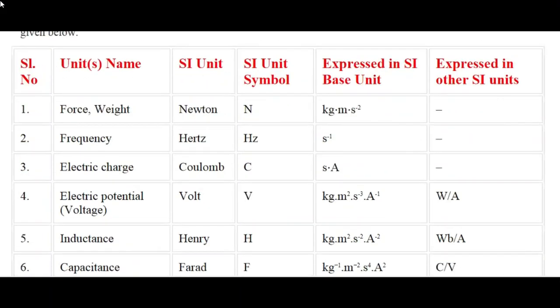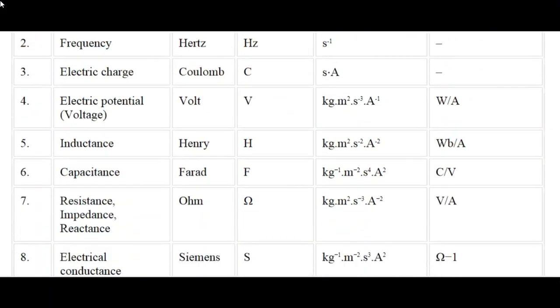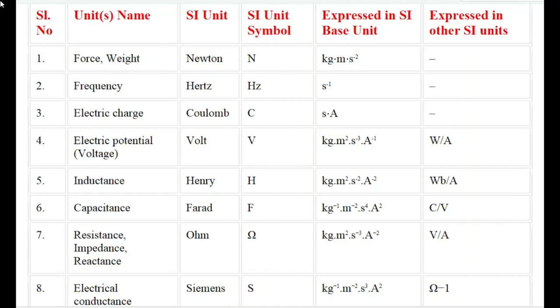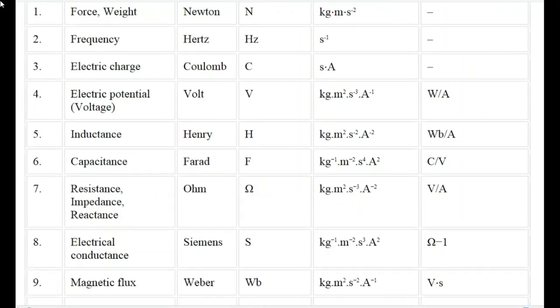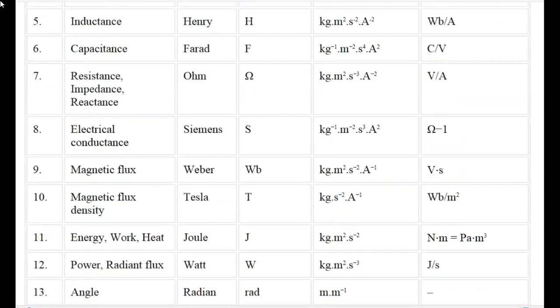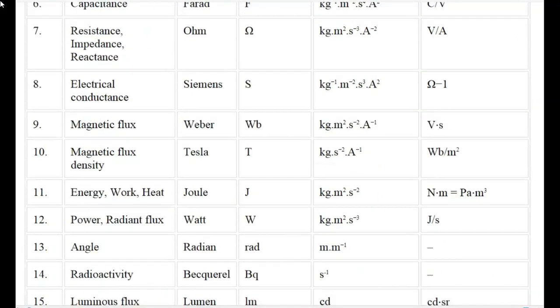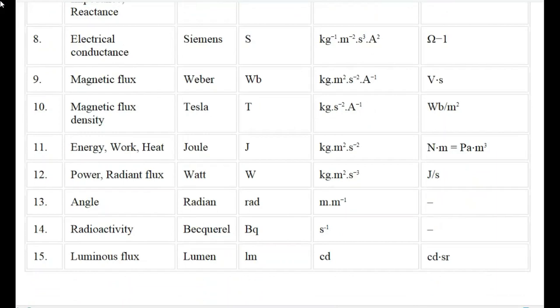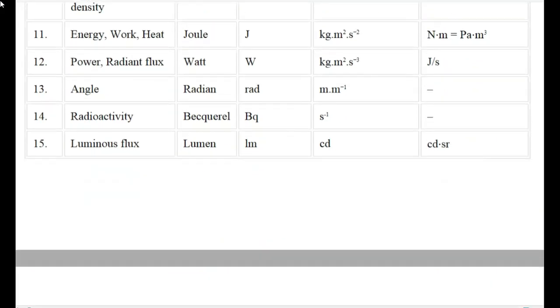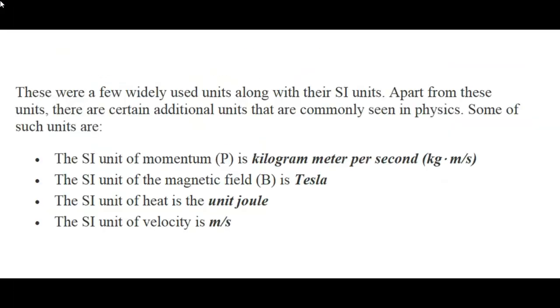Force, weight, frequency, electric charge, electric potential, inductance, capacitance, resistance, electric conductance, magnetic flux density, energy, work or heat, power, angle, radioactivity, luminous flux. Apart from those units, there are some additional units commonly used in physics.